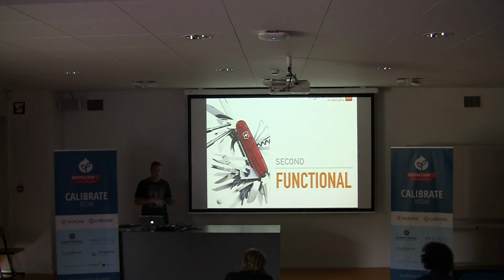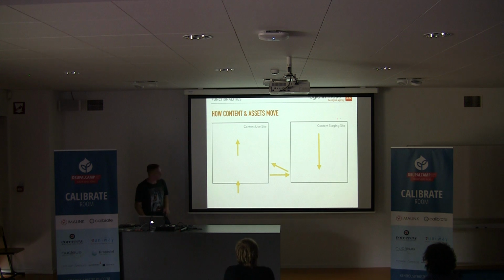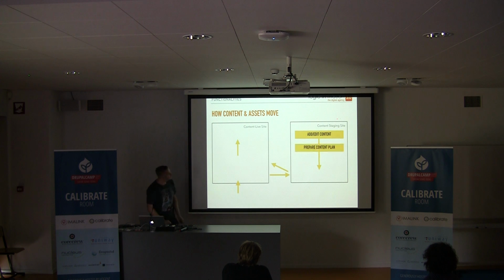Knowing the requirements, knowing the architecture, we then start with the functionalities. Based on the requirements, the business needs to approve these functionalities in order to start with the development. Now, how does this functionality work? I'm just going to give you a review of the flow of how we did it. The webmaster starts adding or editing the content, the menus, the files, the images, and other assets. Then he prepares a content plan.